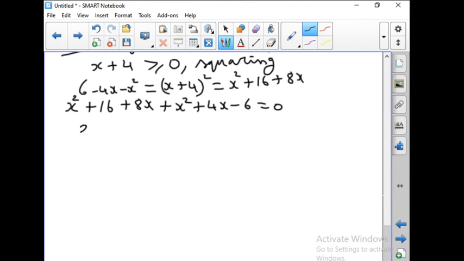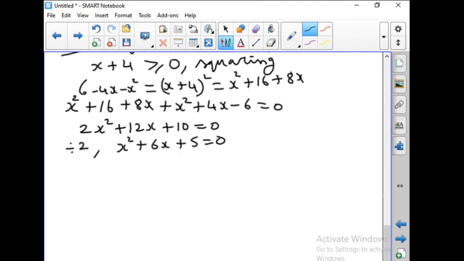So x square plus x square, 2x square, plus 4x plus 8x, 12x, plus 16 minus 6, plus 10 is equal to 0. So, dividing throughout by 2, what we get? x square plus 6x plus 5 is equal to 0.